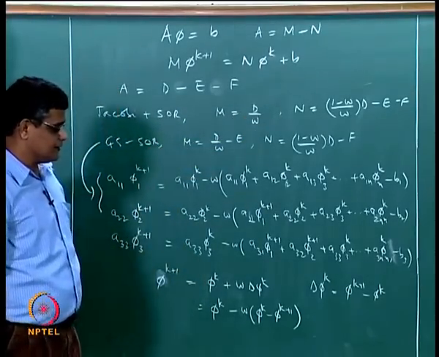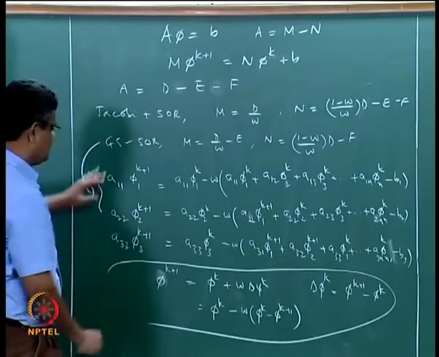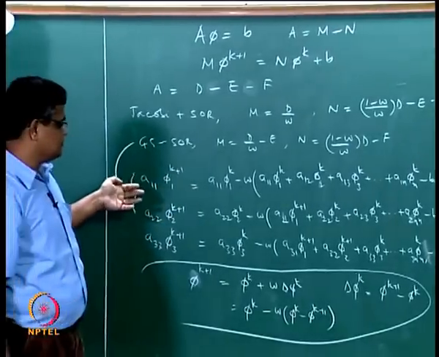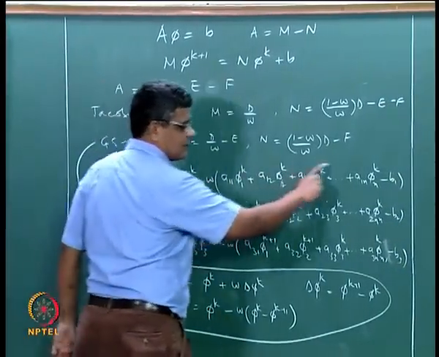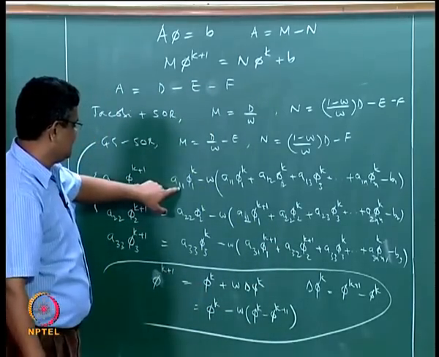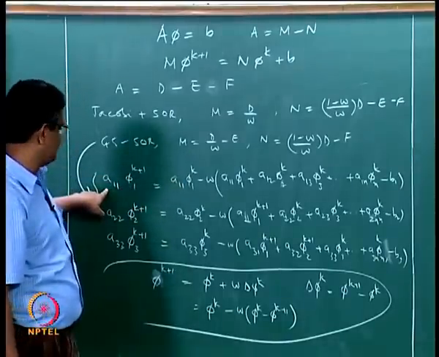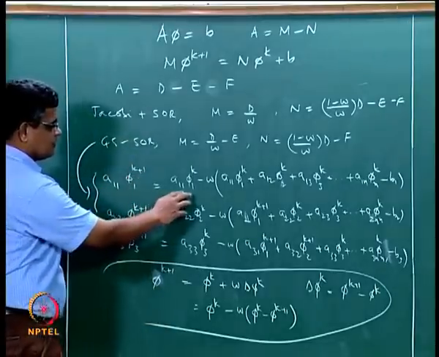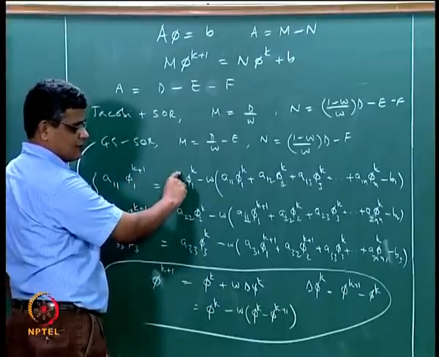Now why do we write it like this? Because in terms of computation, the number of additional computations that we have to do is very little. We have an omega which is multiplying all these things, and anyway we are doing all these things. It is only that a11 times this is going to be divided by this. So this equation can be written as phi 1 k plus 1 equal to phi 1 k, that is, when this divides this you get 1, so you do not need this multiplication.